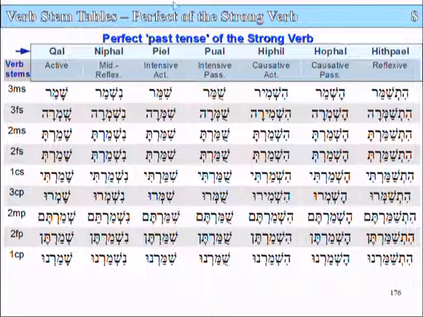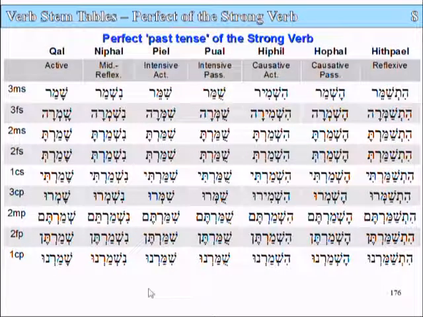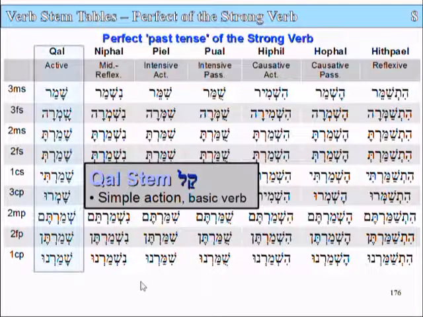So you're going to see a lot of these sorts of tables in the back of grammar books, and you're not required to memorize them, but just see the patterns that occur. So if we take the first stem, the Qal, here we have it here, the simple active verb stem, the basic verb.